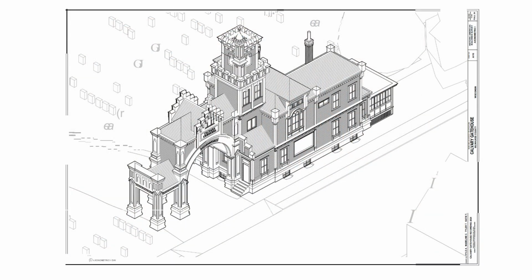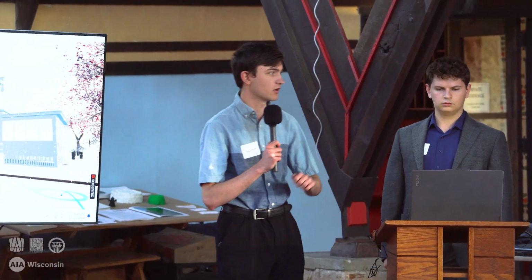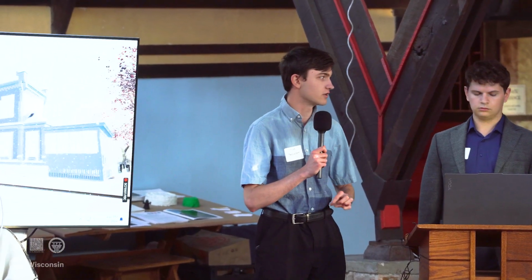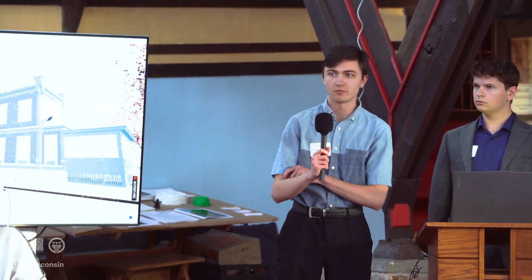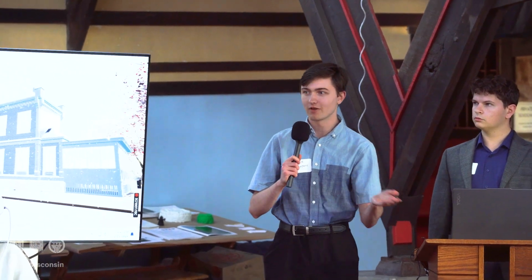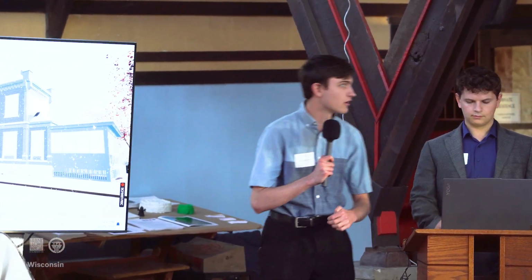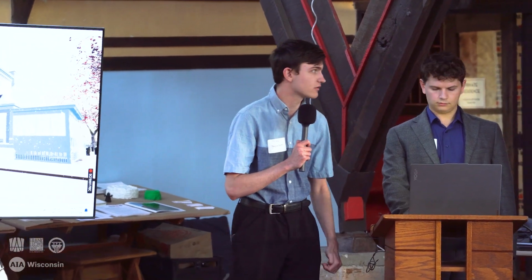Yeah, so here you can see the axons with just the line work, and you can really see all of the geometry that goes into it, all the details, all the ornamentation that's on there. So like I said earlier, we really wanted to get all those details on there, which, being that we are all kind of new to Revit, was a bit of a challenge at first, but I'd say we did a pretty good job at documenting all of that.